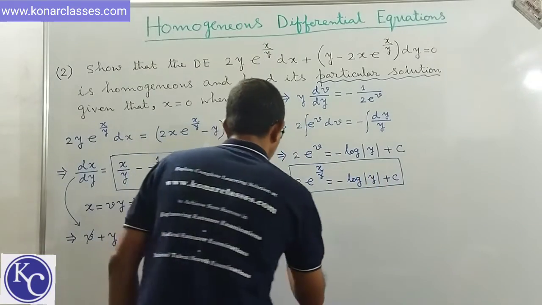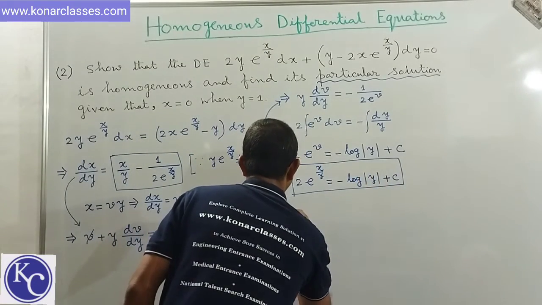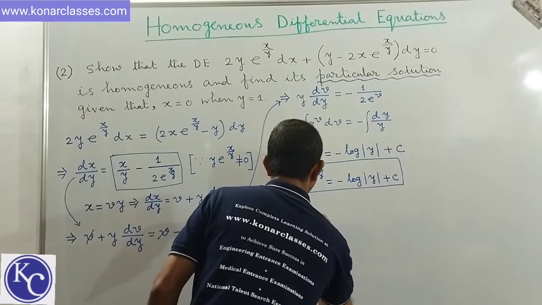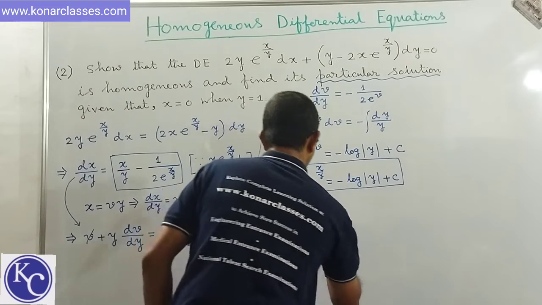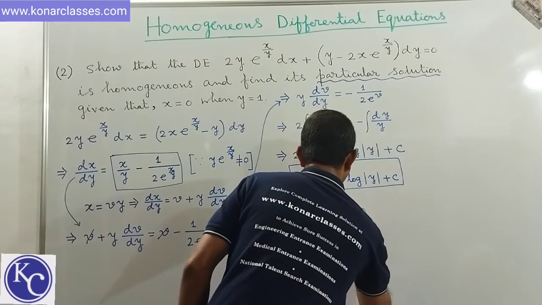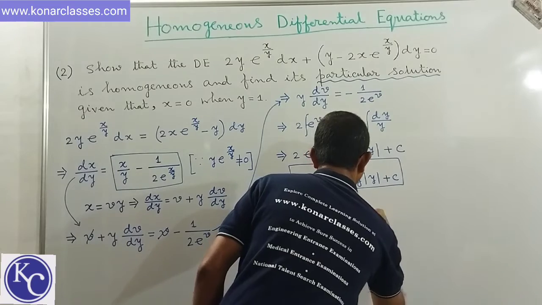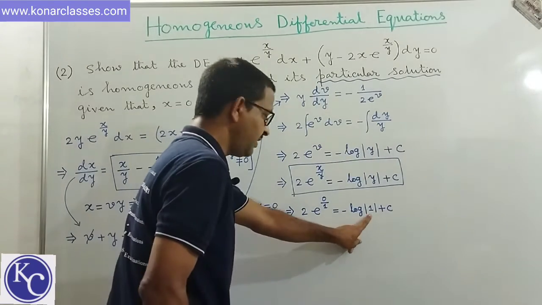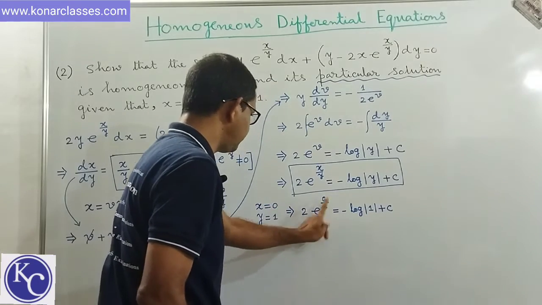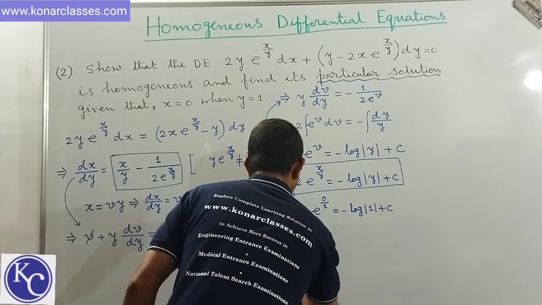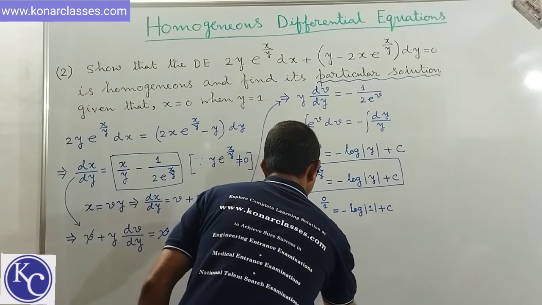So if we apply y equal to 1 and x equal to 0, 2 into e^(0/1) is equal to minus log mod 1 plus c. The log 1 value is 0 and e to the power 0 is 1. So from here we get the value of c is equal to 2.